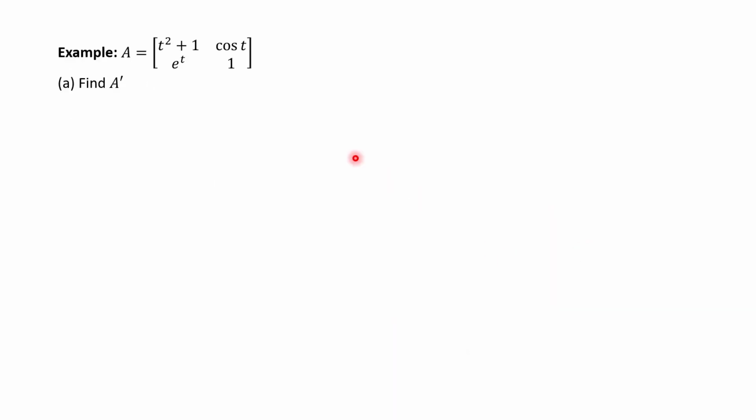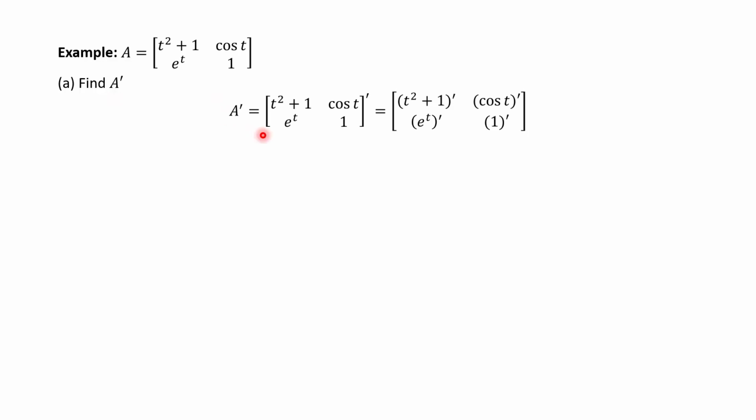All right, let's try this one. So given this matrix A, let's first find A prime. The derivative of the matrix is the matrix with derivative entries. So notice all you have to do to find A prime is take the derivative of each entry inside of A. Just using our regular rules from calculus, we get that A prime has entry 1,1 as 2t, just the derivative of t squared plus 1.